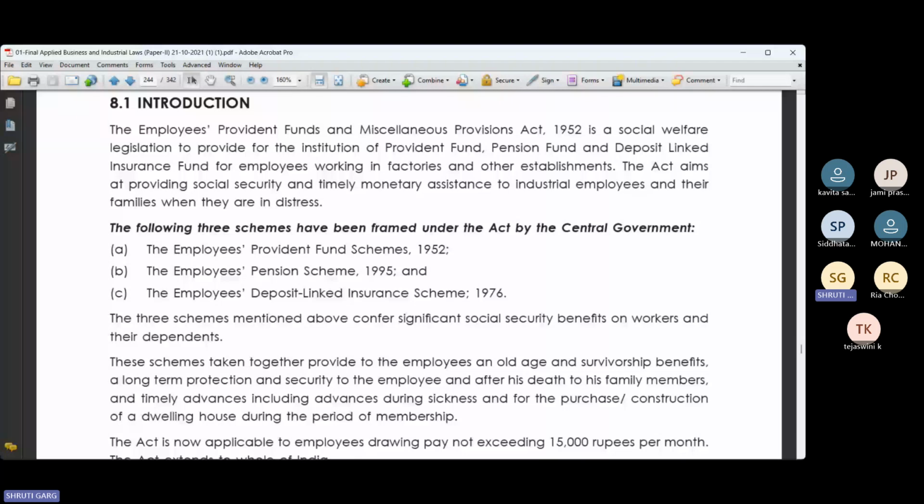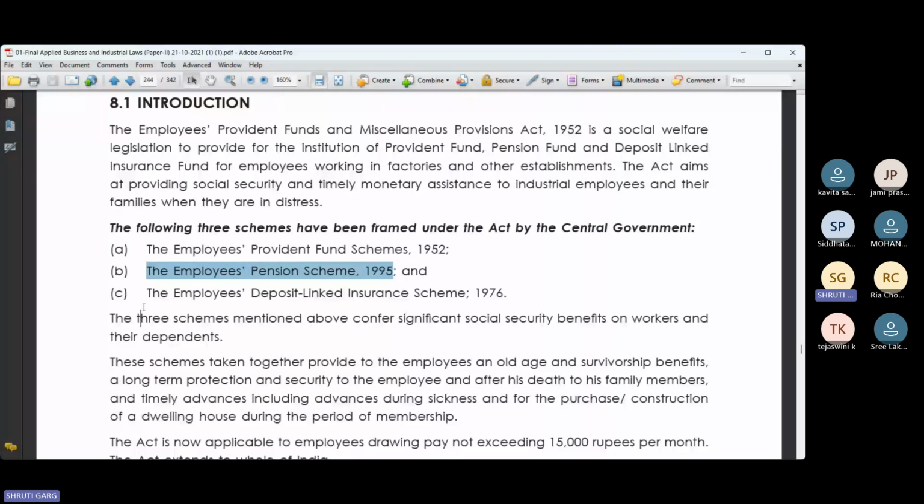Highlight this line, right? These are important for your exam purpose. There are 3 schemes which have been framed under the act by the central government.